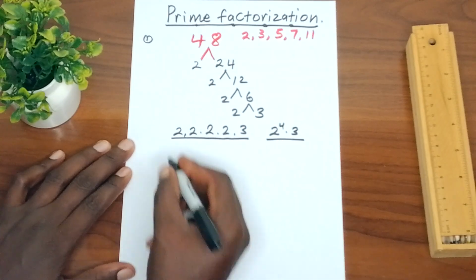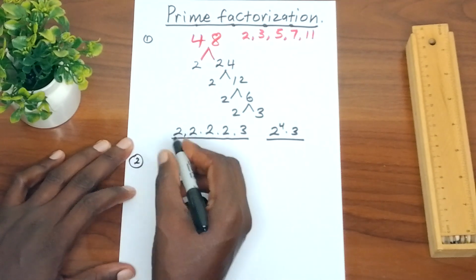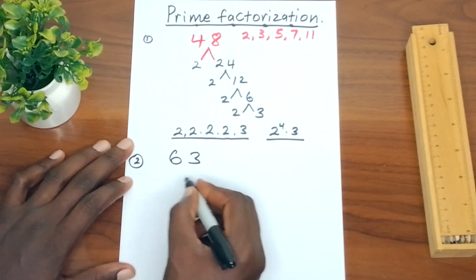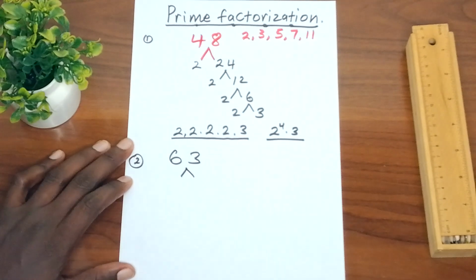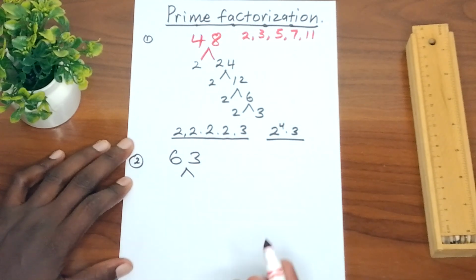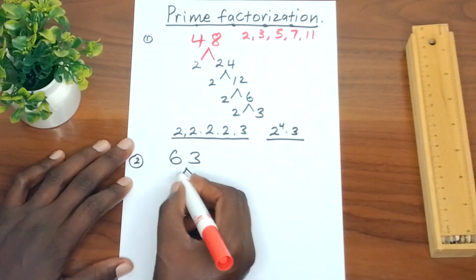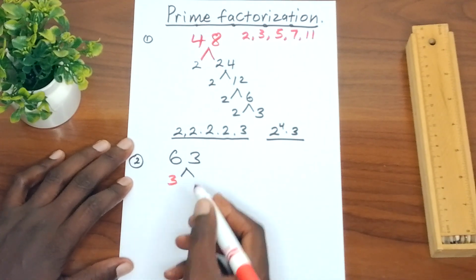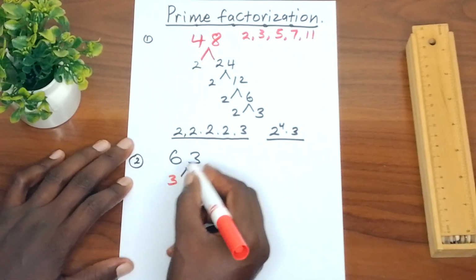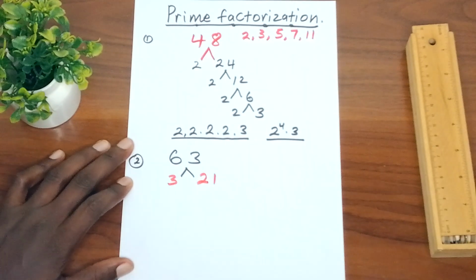Let's look at another example here. 63. We prime factorize this. We cannot divide 63 by 2. So we'll start with 3, the second prime number. 6 divided by 3 is 2. 3 divided by 3 is 1.